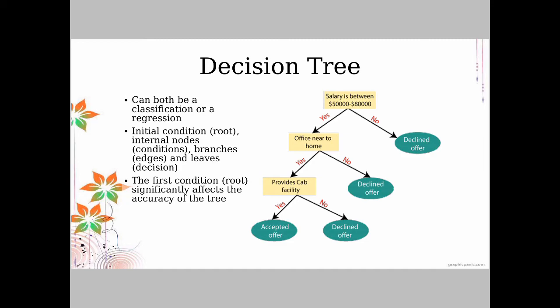Because this is the first question, it must be able to divide the samples or your data into their proper locations. If the first question, for example, is the office near your home, cannot accurately divide the data, then since this will branch out, the decision tree will become inaccurate. So long story short, the root of the decision tree is important for the accuracy of your decision tree.